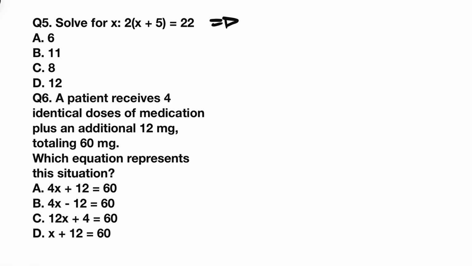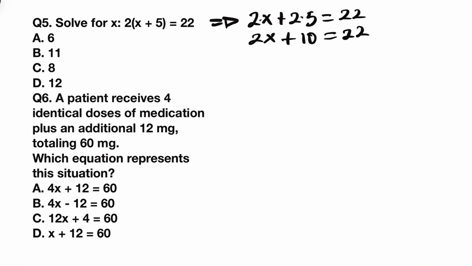So what we have is 2 times x plus 2 times 5 is equal to 22. So we really have 2x plus 10 is equal to 22.